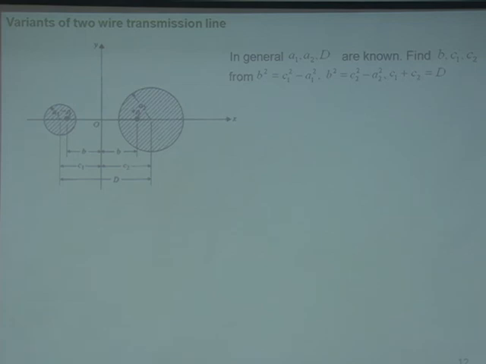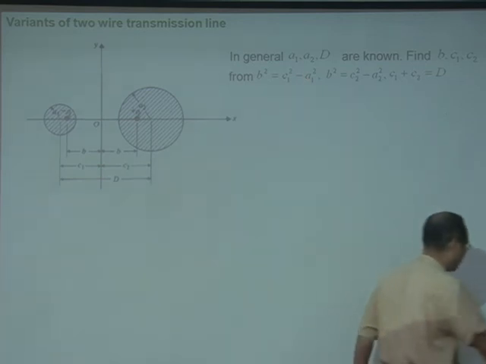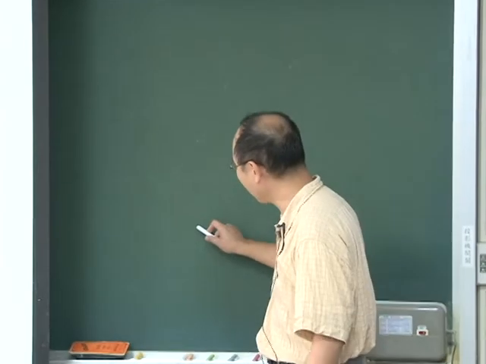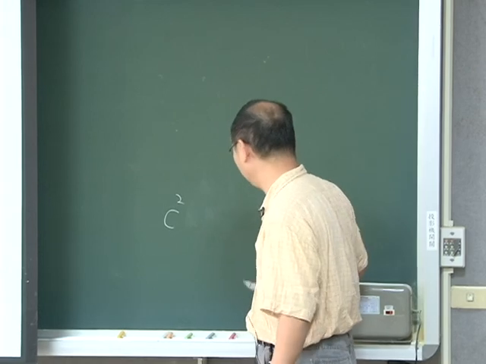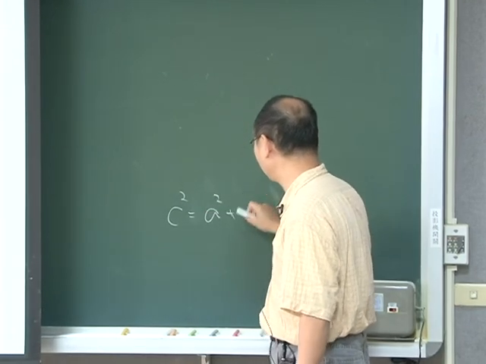Okay. 所以你看，我们写出这个有三个变数，我们写出三个式子出来。Number one is C1 square equal to B plus A1 square. This is the first equation. And second equation, well, I told you previously that we have one major relationship, that is C square plus B square equal to A square plus B square.